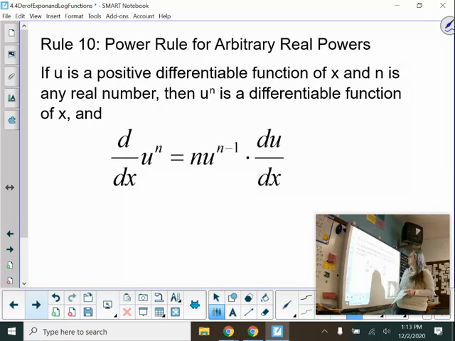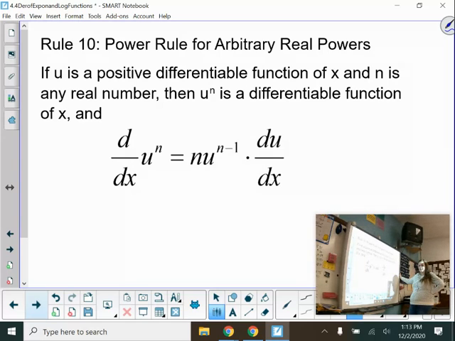Okay, lastly, this is an additional rule. It is the last time you're going to see something new with the power rule, and this is for any arbitrary real power. So the rule looks the same, the proof is different, which is why it has a different rule number than what we've looked at before. And in this one, n could be any number at all.